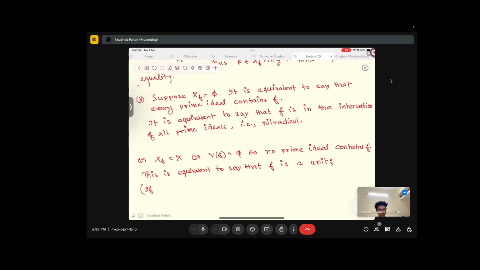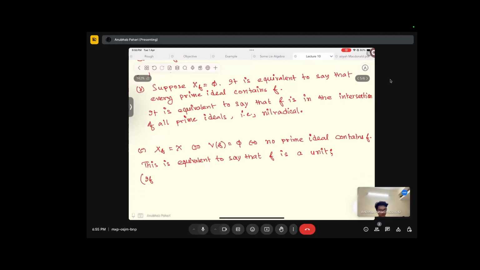If f is a unit, then no prime ideal contains f.